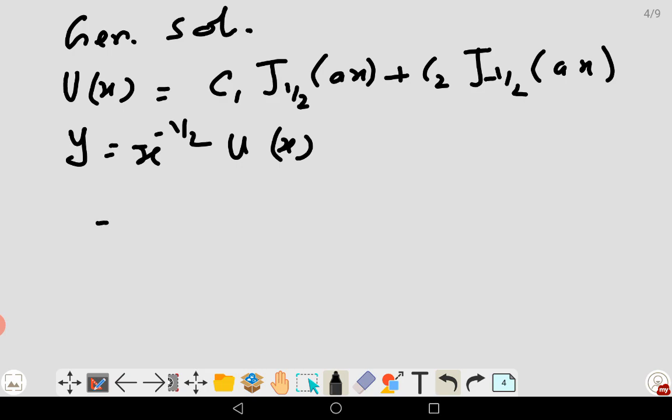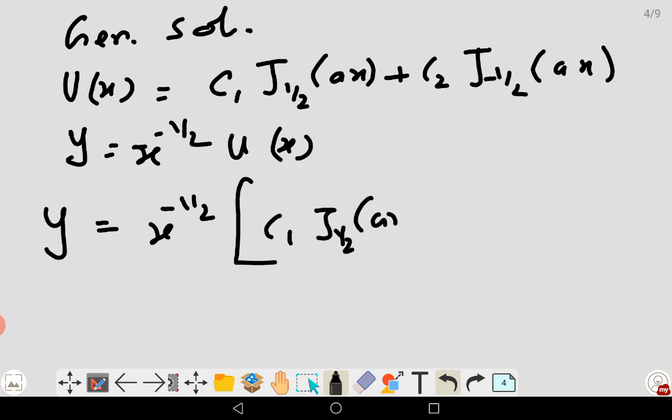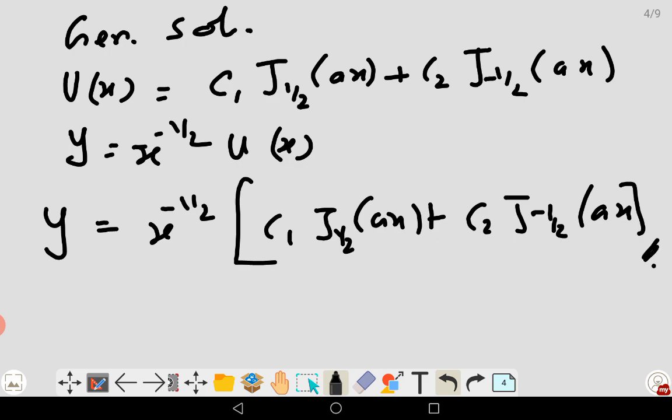So the final general solution for y is x power negative half times c1 J half of ax plus c2 J negative half of ax. That's the end of this problem. Now let us see what is next.